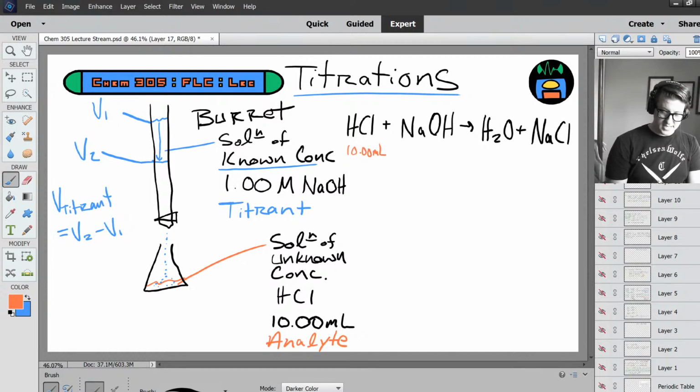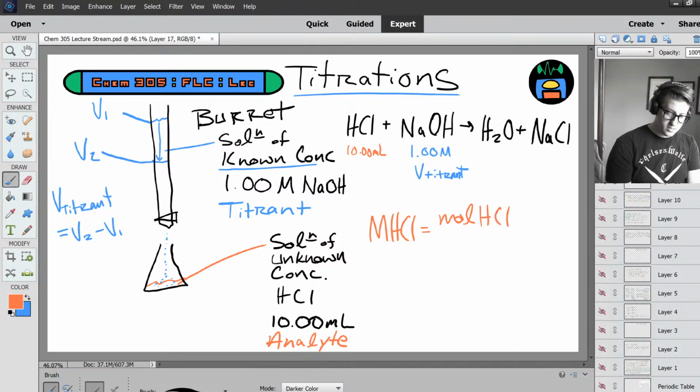All right? And now we can use our 10 milliliters of acid, together with our molarity and our volume of our titrant, to determine the concentration of HCl. Because the molarity of HCl is moles of HCl over volume in liters, right? Well, we have the denominator.